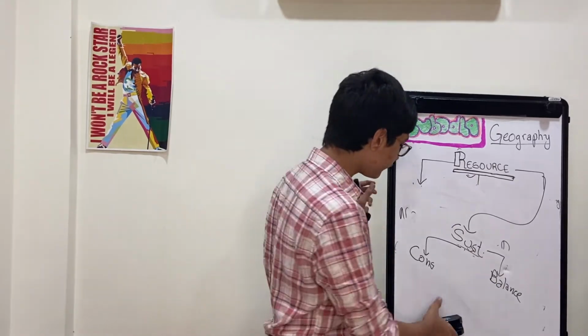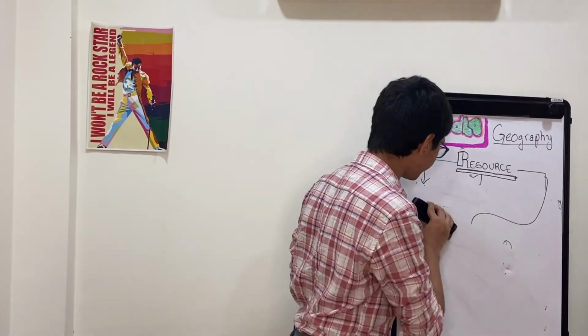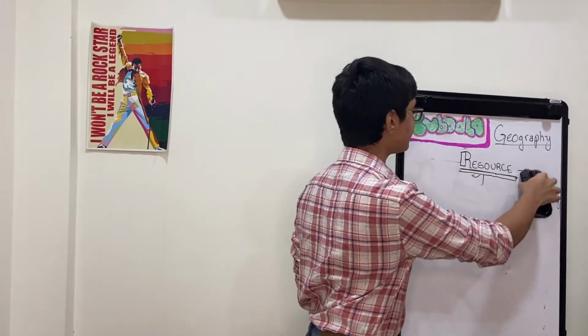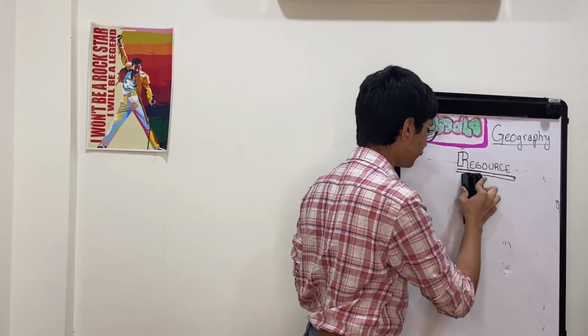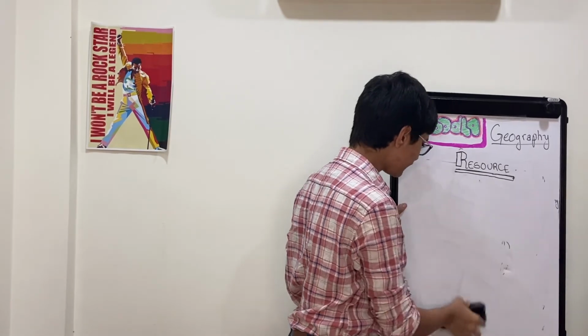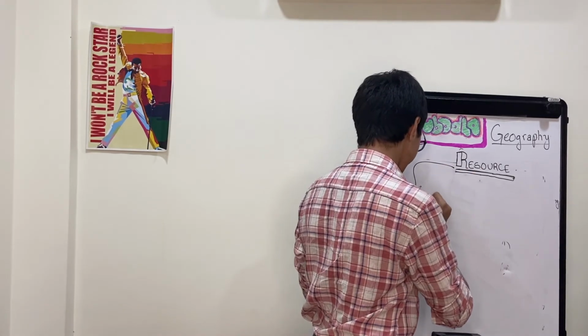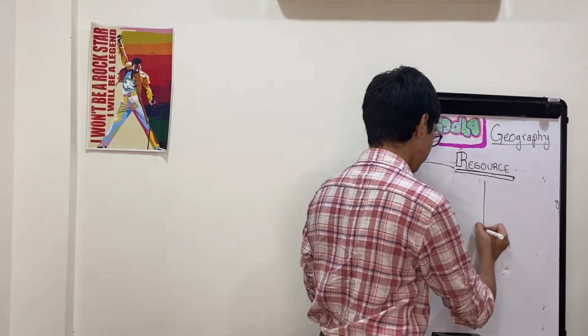So that is pretty much the chapter. I encourage all of you to give the textbook a thorough reading, because there are a lot of definitions in this chapter which have to be remembered very well. Okay. So what were the three things we looked at in this chapter? First, we looked at what makes any substance a resource.